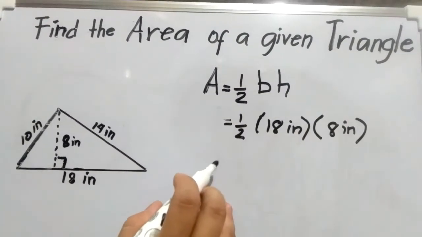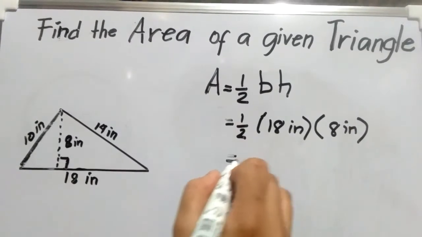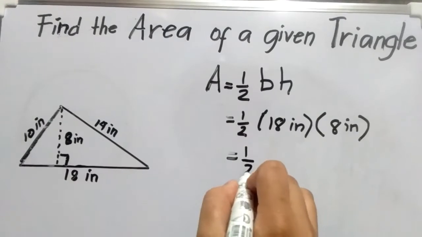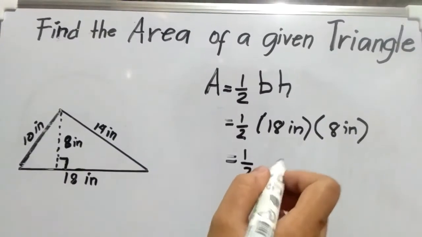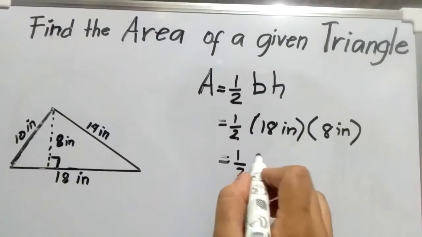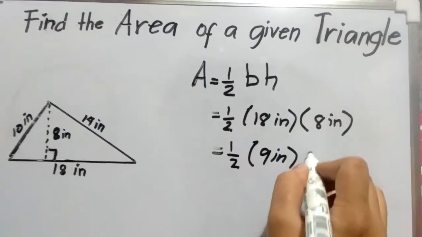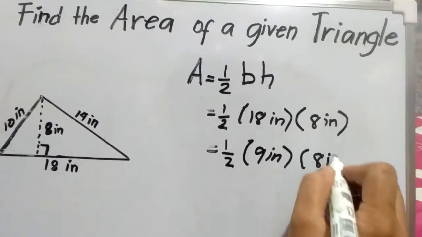The easiest way to do this problem is to multiply 1/2 by 18 to get 9 inches, times 8 inches.